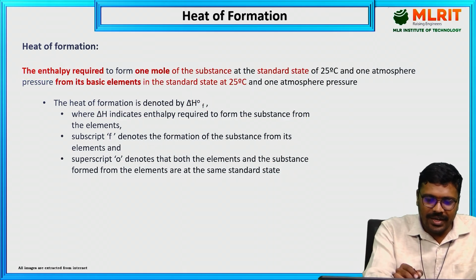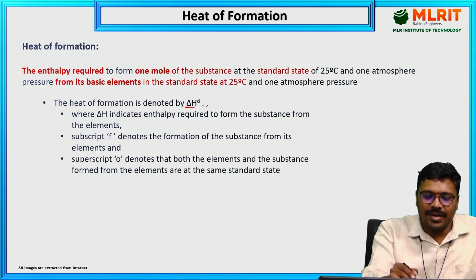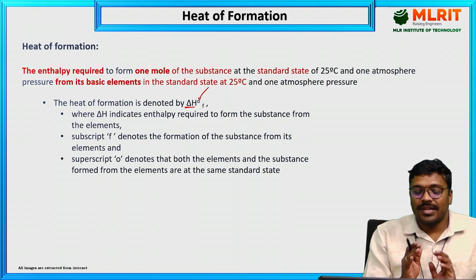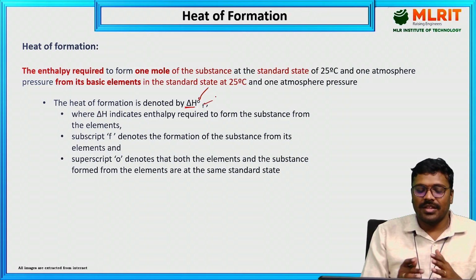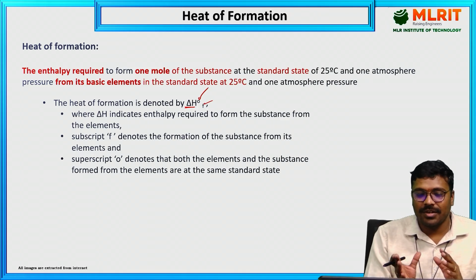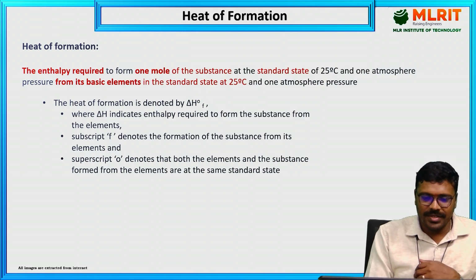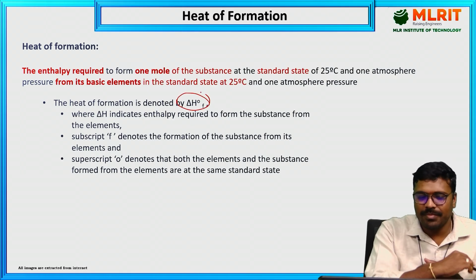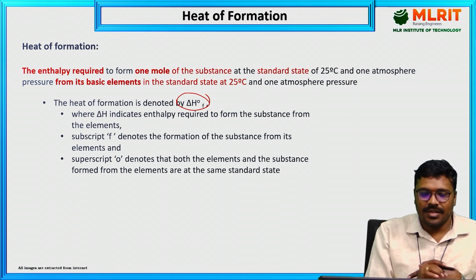So delta H means enthalpy required, naught denotes that elements are at standard state, and F denotes that the substance is formed from basic elements. This is the symbol description of delta H naught F, which is called the heat of formation.